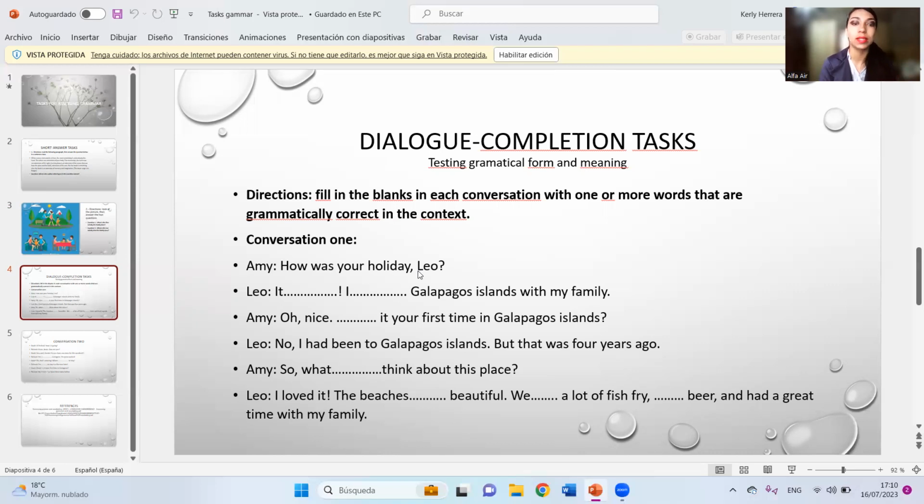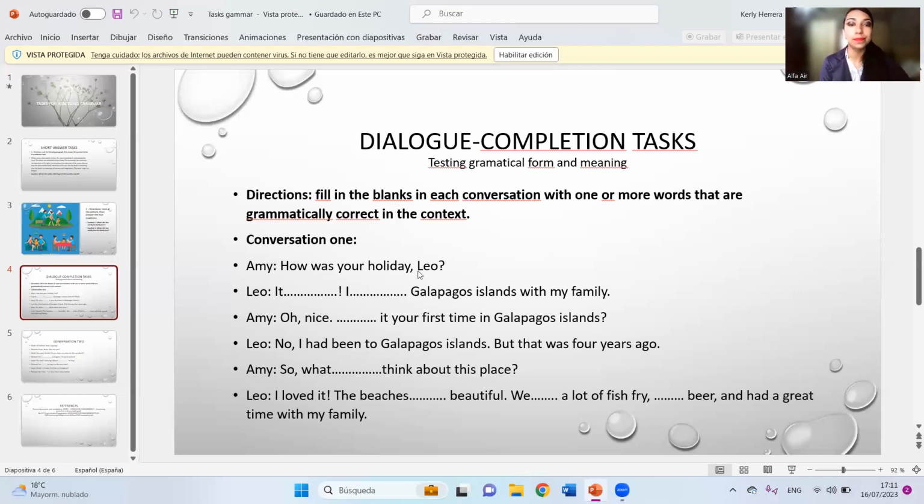Another important detail that the student must consider is that they must be guided by the information provided in the conversation to respond appropriately and give meaning to it.